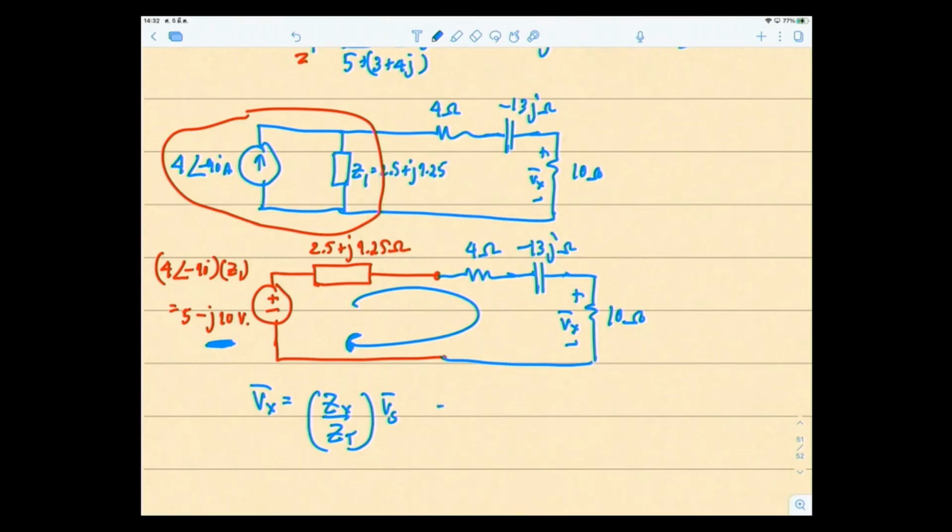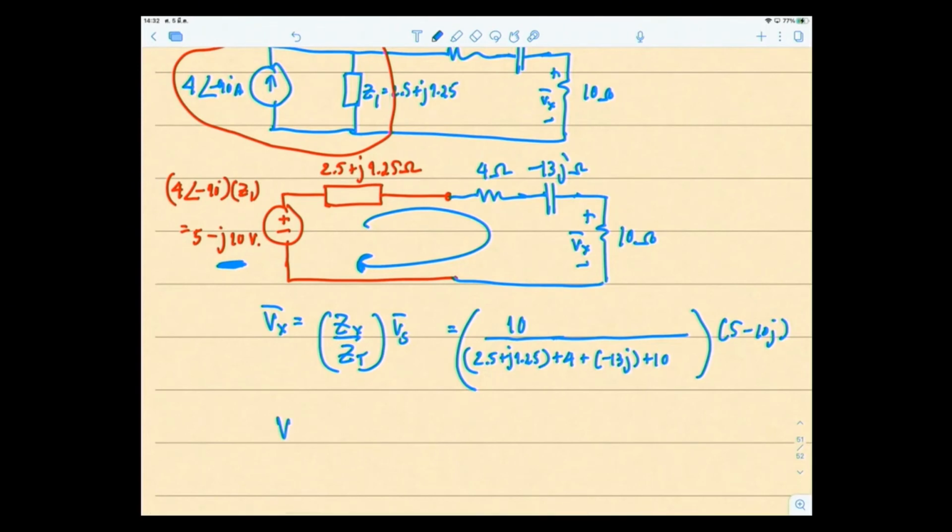So if you apply it to this circuit, it will be 10 over Z total, which is 2.5 plus j1.25 plus 4 minus 13j plus 10, and your Vs is 5 minus 10j.